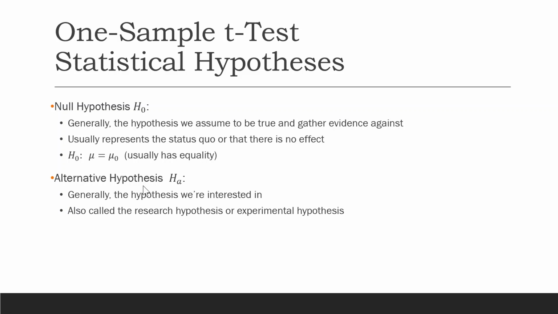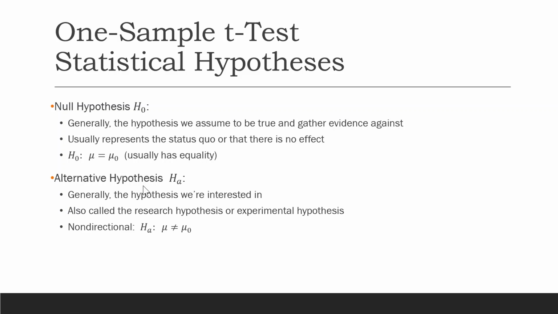Now, I was just saying that your alternative hypothesis is usually that your population mean may be greater than some value, or it may be less than some value, or what have you. And it's going to depend on what you're interested in. And so we can come up with our alternative hypothesis. Well, I'll introduce two terms here.